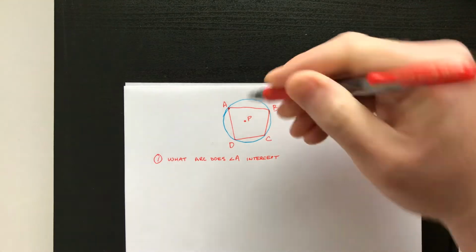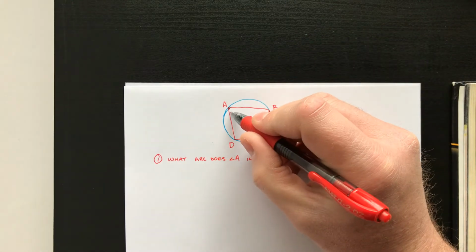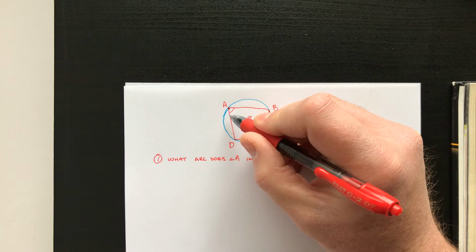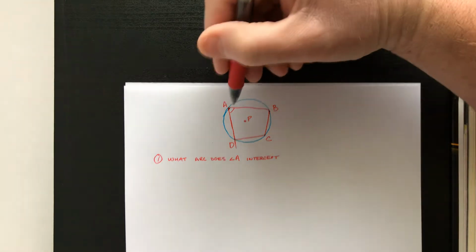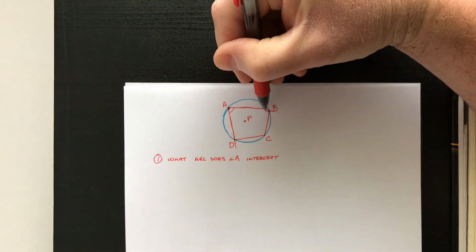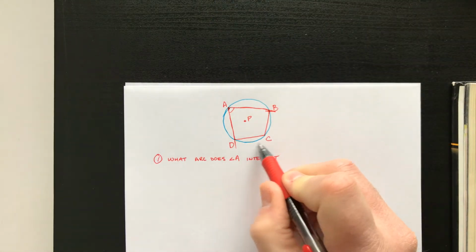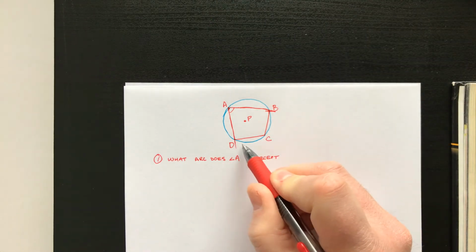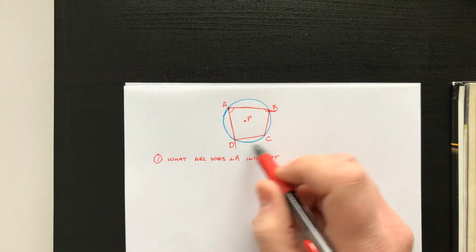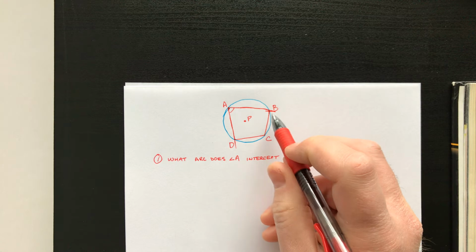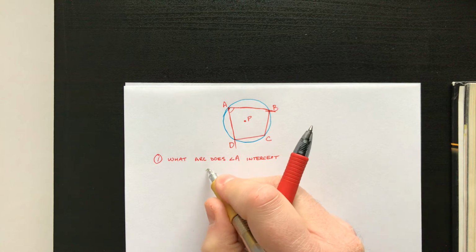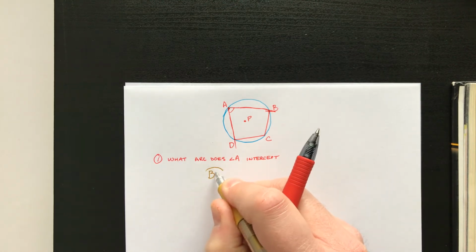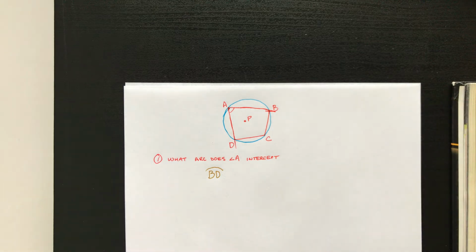Well, if you look at angle A, all right, if you were to extend the sides of this angle, notice the arc it's cutting is this arc right here. You can call this arc BD because it is a minor arc, or you can say BCD, all right? But the arc that is being cut would be arc BD because it is a minor arc. If it was a major arc, we'd have to say 3 letters, okay?